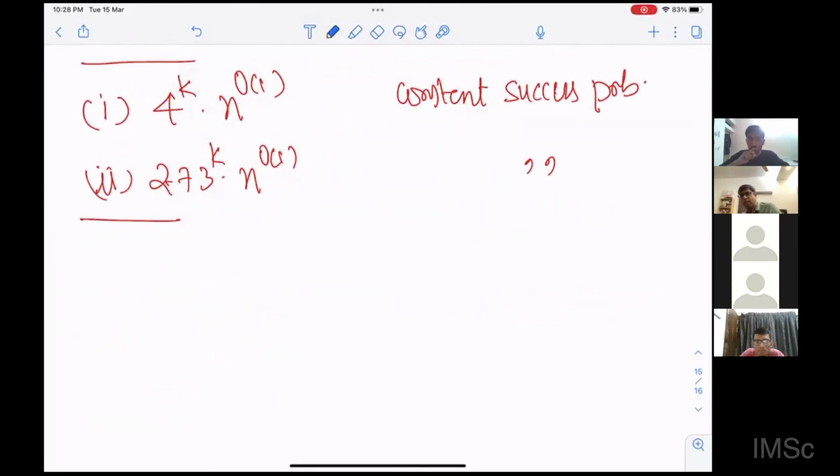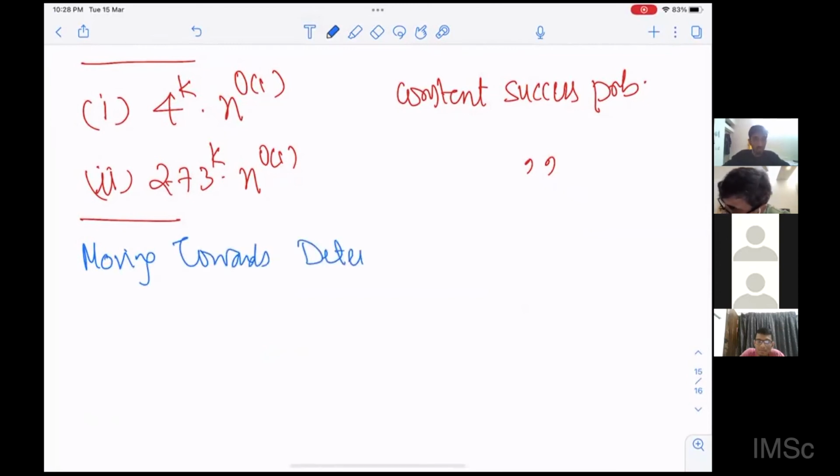Then we found an example which showed that this may not be the best choice. I can give you more randomized algorithms if you want, but let's leave that for some other day. Moving towards deterministic algorithms.